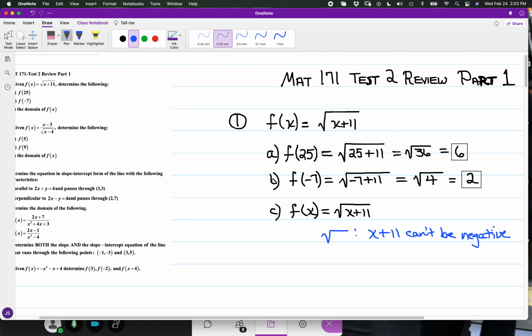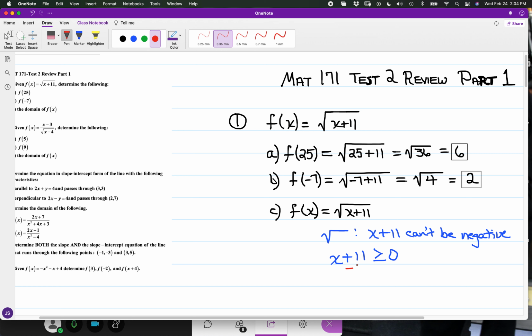And since we do not have a fraction that can create a potential for a 0 denominator, x plus 11 can be 0 because we have f of x given in direct terms. You can have the square root of 0 as long as you do not have 0 in the denominator position. And x plus 11 can also be positive.